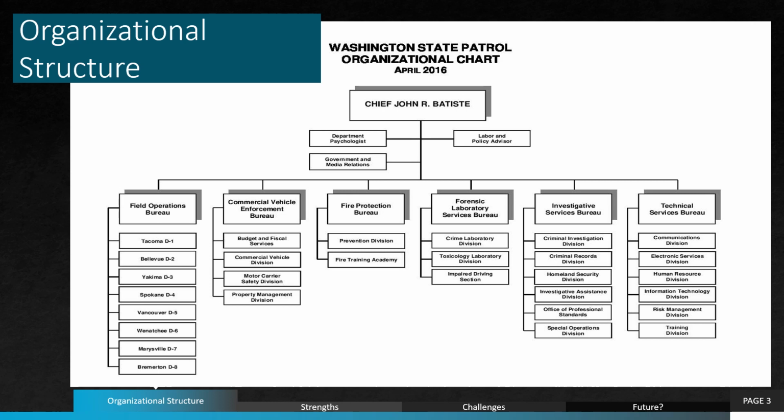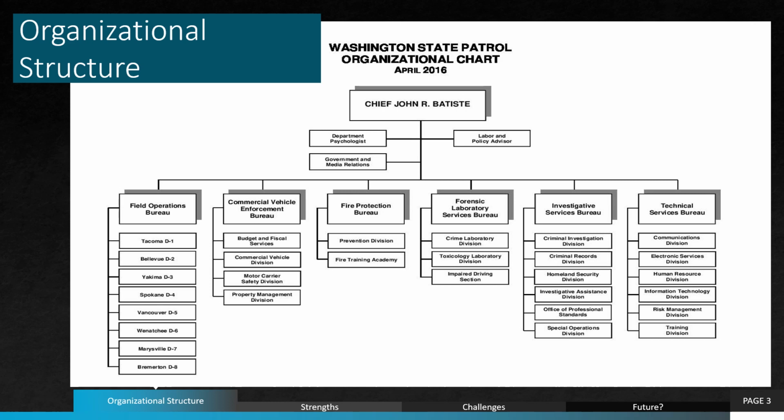So here for the State Patrol, you'll see that there's a Field Operations Bureau, which is your troopers working the road. Commercial Vehicle Enforcement Bureau, those are individuals responsible for enforcing vehicle weight, size, load restrictions, port of entries for the semi trucks coming in and operating within Washington State.